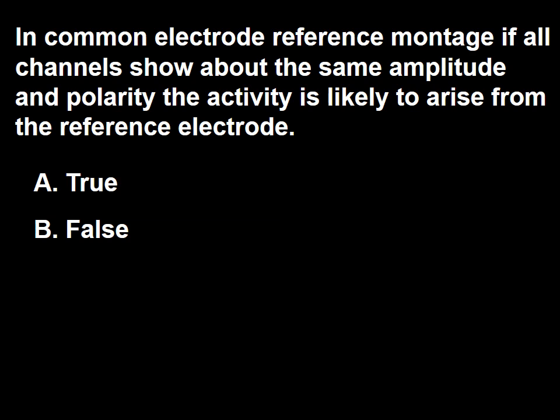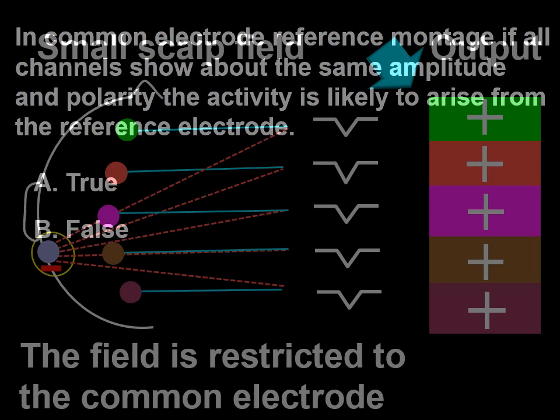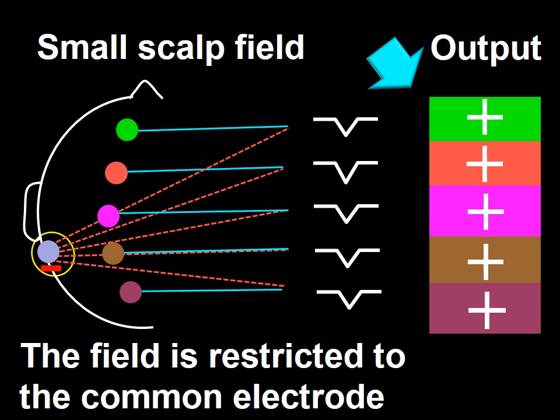Next question. In common electrode reference montage, if all channels show about the same amplitude and polarity, the activity is likely to arise from the reference electrode. A true, B false. As you can see in this frame, if all channels in a common electrode reference montage have the same polarity and about the same amplitude, the likelihood is that the activity driving such changes arises from the common reference electrode.